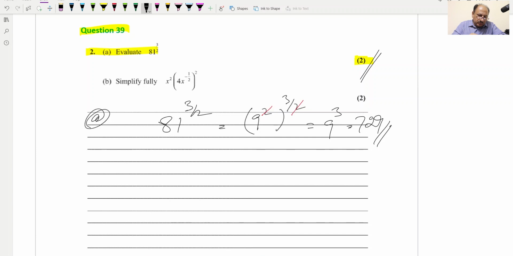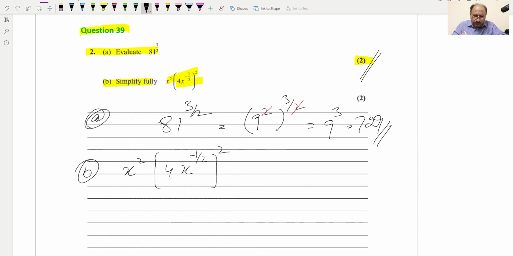This was a 2 marks question. B part, we have to simplify fully this expression, and the expression is x squared, and inside will be 4x raised to minus 1 by 2, whole squared.